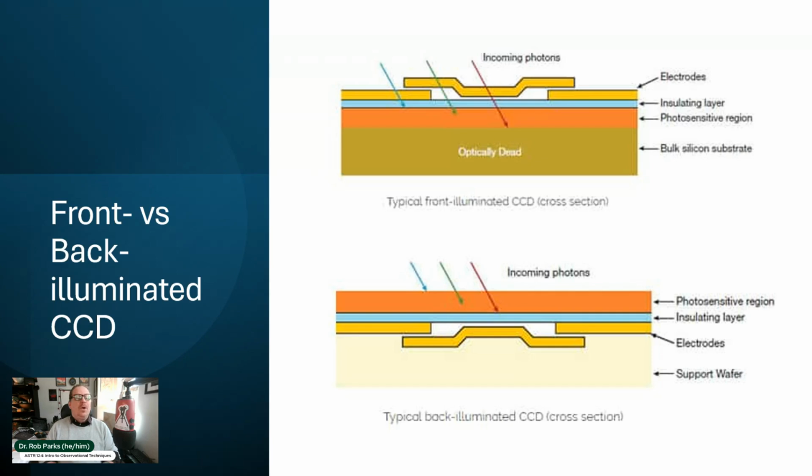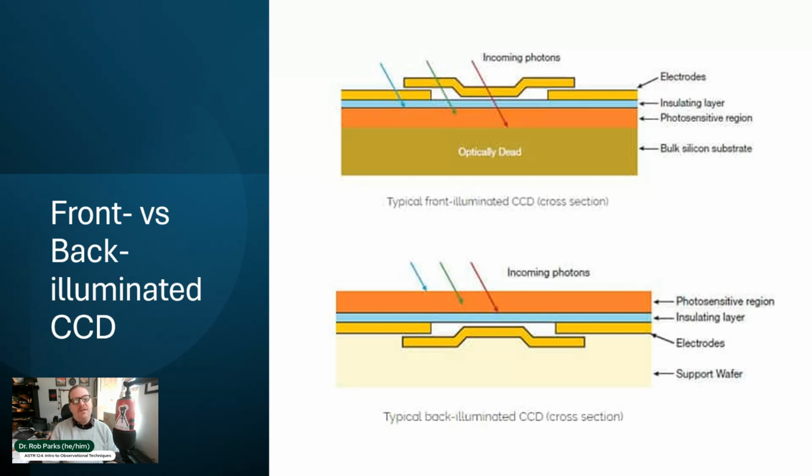So, okay, in principle, in the CCD, the chip itself, you have a photosensitive region. This is typically composed of silicon or silicon dioxide. That is in between an insulating layer and a bulk silicon substrate. Light can come in, and then you have electrodes, which I'll talk about their function in a moment. CCD cameras can be built in two ways.